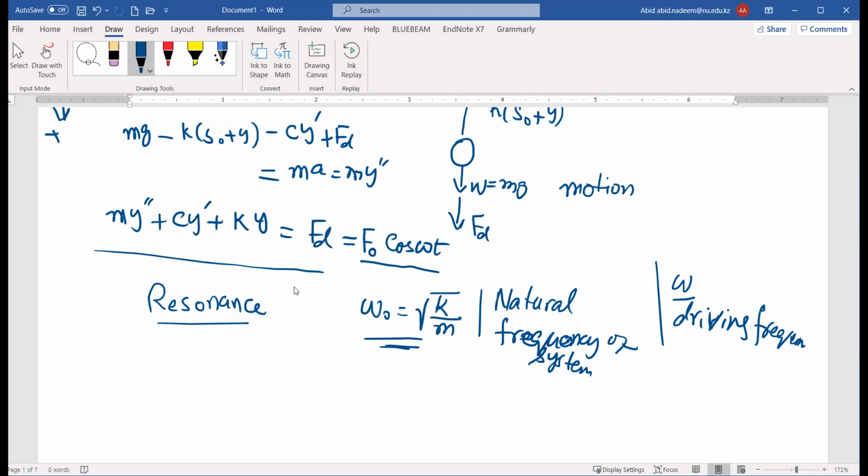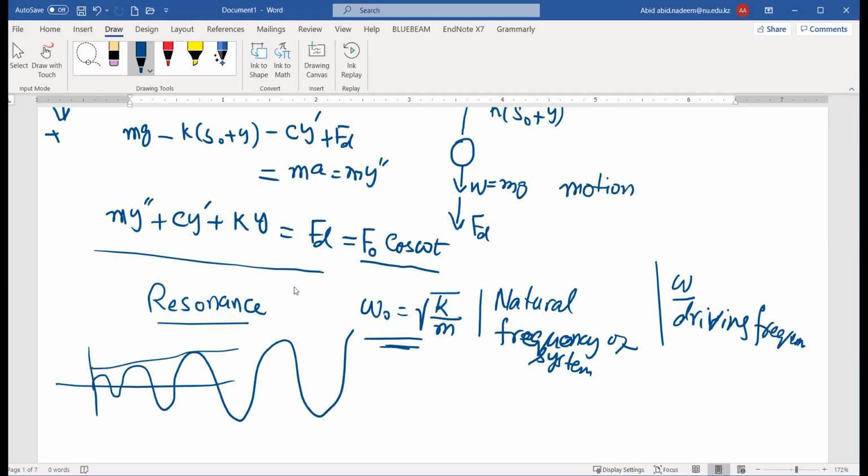In resonance, the amplitude of the motion becomes bigger and bigger. So we can get a curve something like this. In the case of resonance, the amplitude of the motion becomes bigger and bigger.